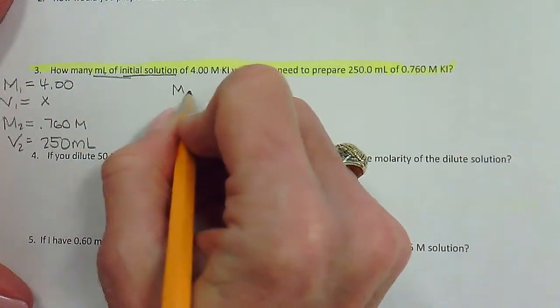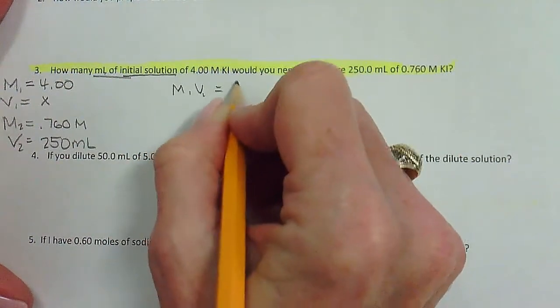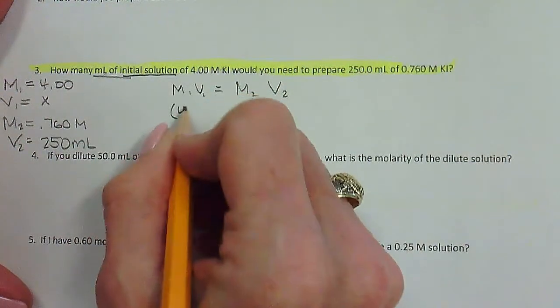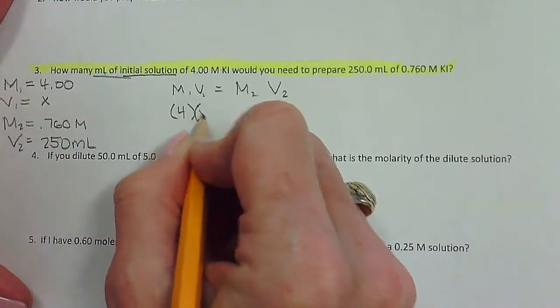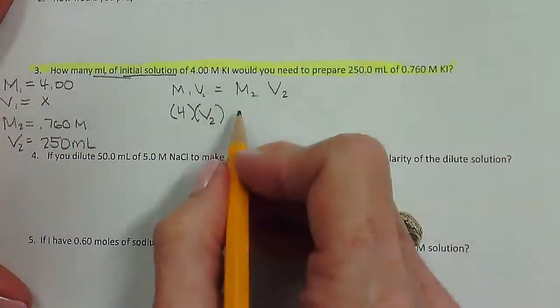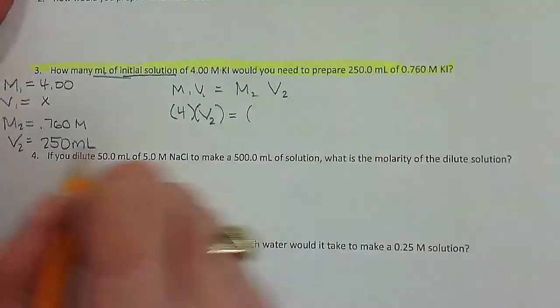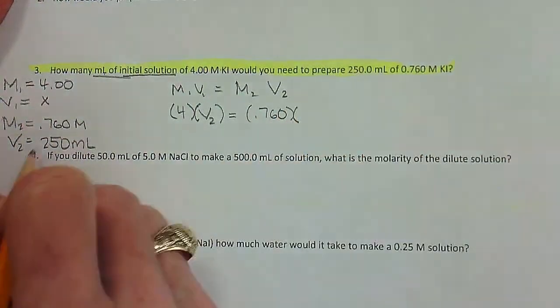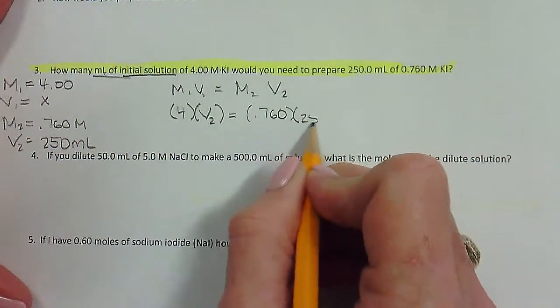M1V1 equals M2V2. M1 is 4. V1, I don't know what that is, so I'm just going to use V1. M2, my second molarity, is 0.760, and my second volume is 250 milliliters.